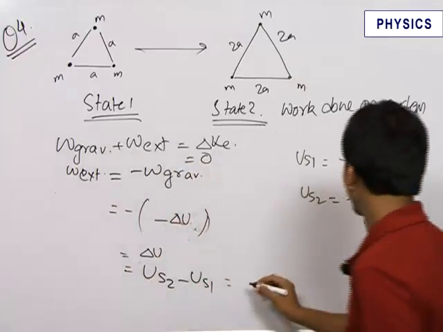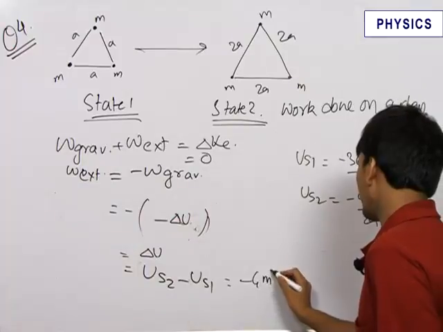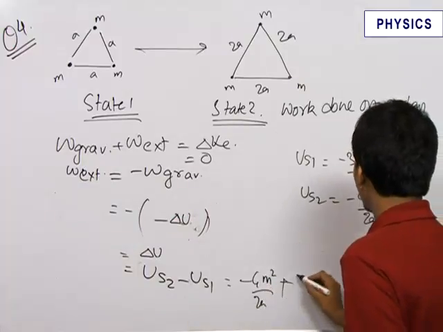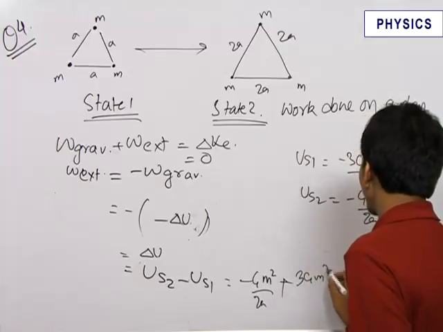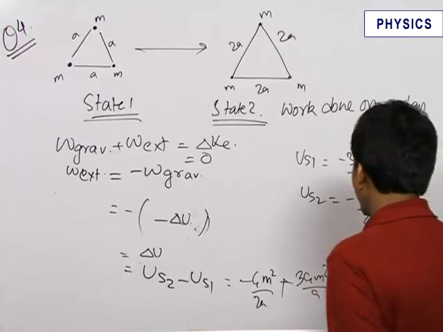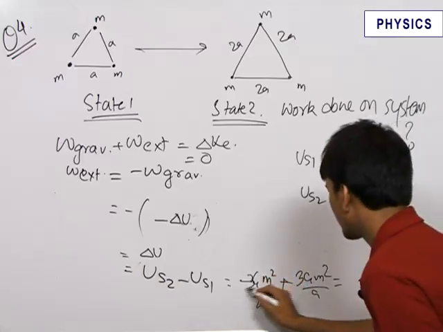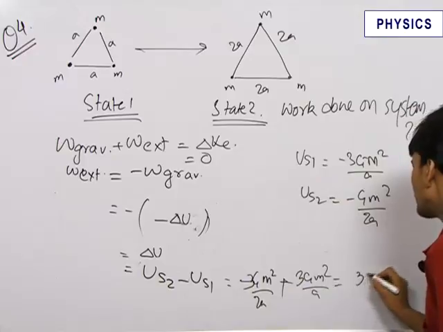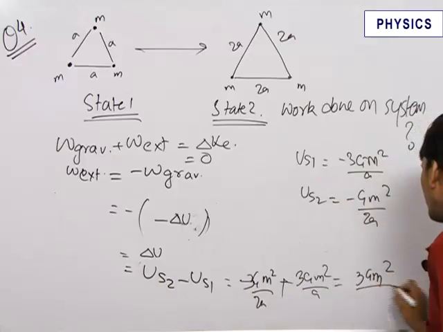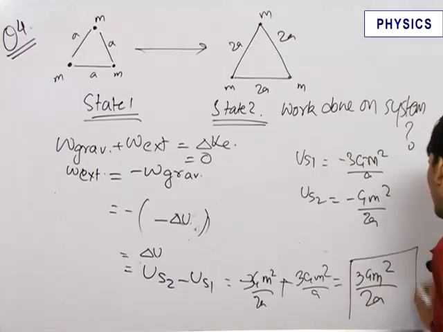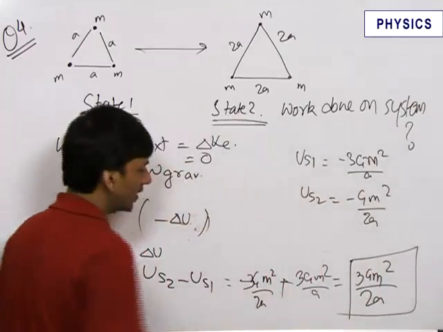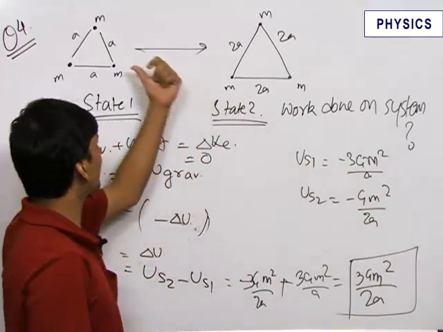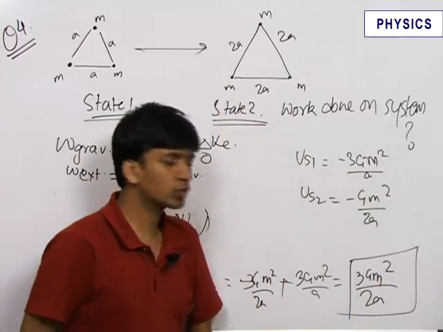This is equal to minus G m square upon 2a minus of minus 3 G m square upon a, that makes it plus 3 G m square upon a, which is equal to 3 G m square upon 2a. So the final work needed to be done by the external forces to convert the system from this state to this state is 3 G m square upon 2a.